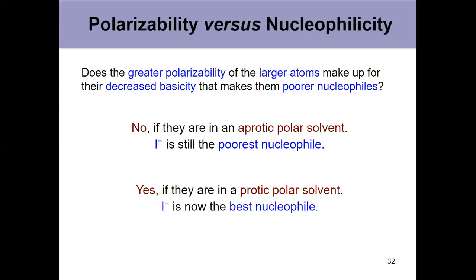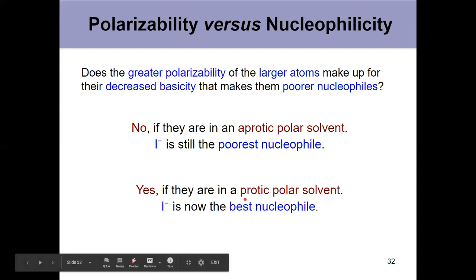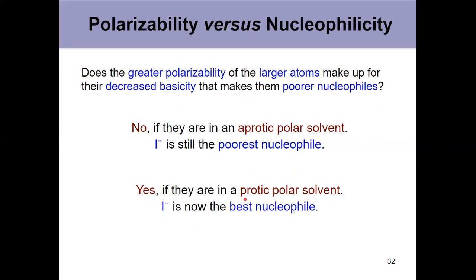And we've got two new important terms here, aprotic polar and protic polar. Polar is not new. You've heard polar before. You know how to identify if something's polar or non-polar. But within polar solvents, we need to think about if they're protic or if they're aprotic. A polar protic solvent down here has a hydrogen bonded to oxygen or nitrogen.